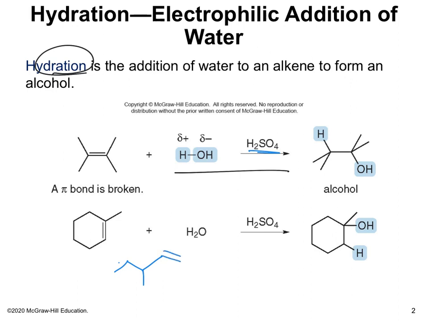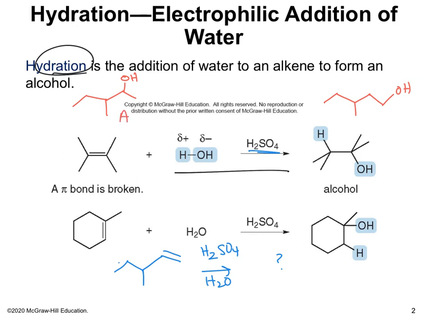All right, so if you added sulfuric acid and water, what would be the product? And let's say you wanted to make this product here. 1, 2, 3, 4, 5, 6.